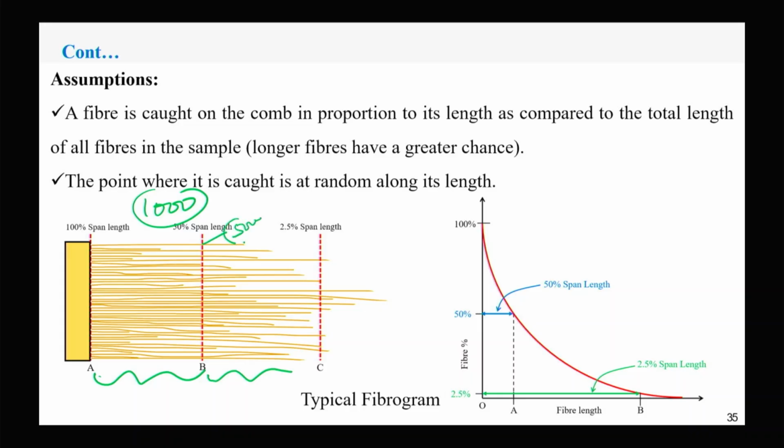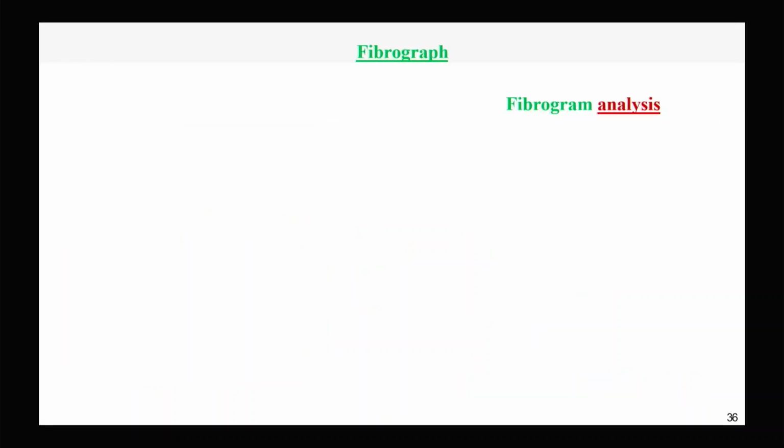So this length is called 50% span length, and that means 500 fibers are beyond this length, more than this length, and 25 fibers are more than this length, that is 2.5% of the fibers. Okay.